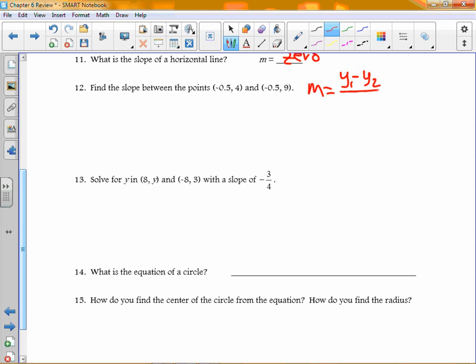So y1 minus y2 over x1 minus x2. I look at the question and I plug in 4 minus 9 on top. Okay, so that's my y. So 4 minus 9 over negative 1/2 minus a negative 1/2.